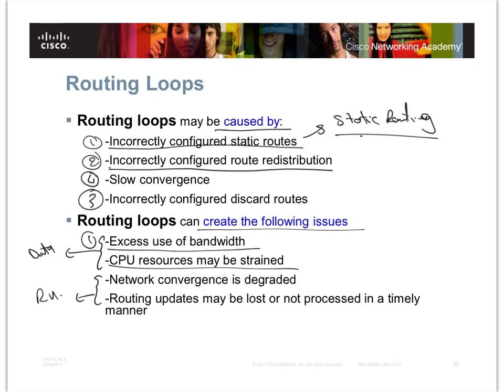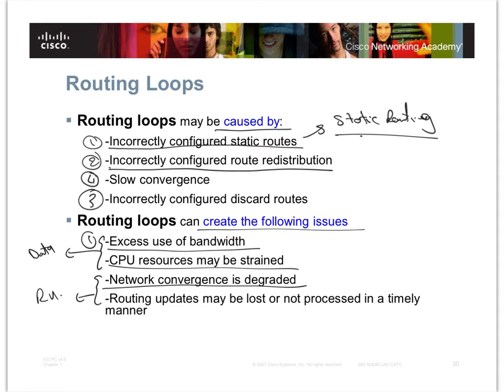If routing loops happen, network convergence is degraded. Why? Because if the data is being routed incorrectly, this eventually will affect the routing information.